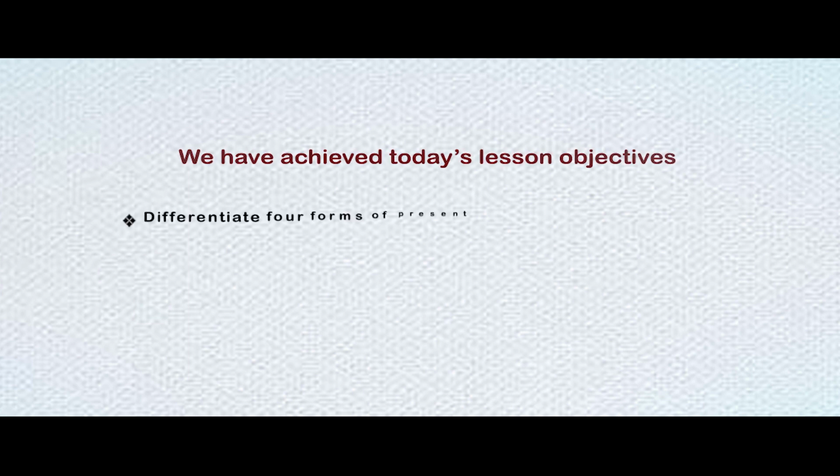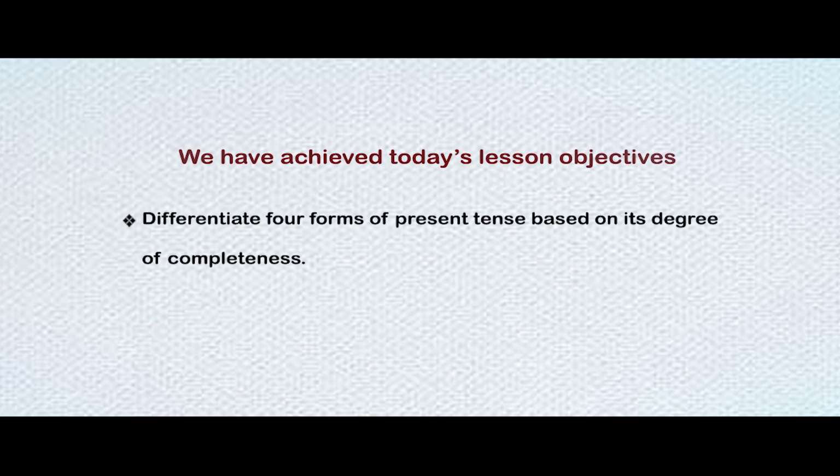Yes? If you are able to differentiate the four forms of present tense, then we have achieved our lesson objective today. That is, differentiate four forms of present tense based on its degree of completeness.